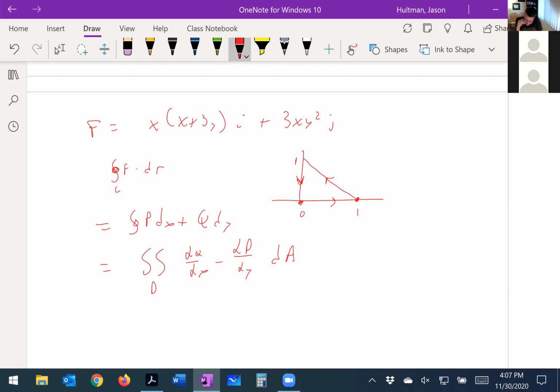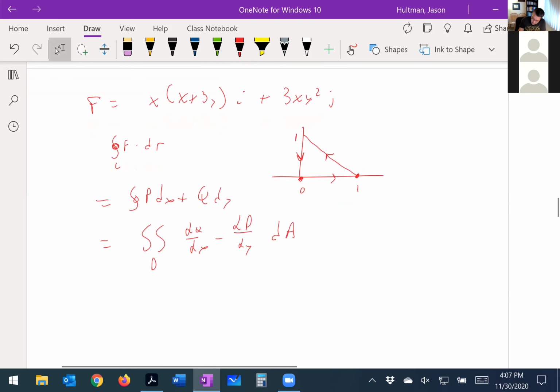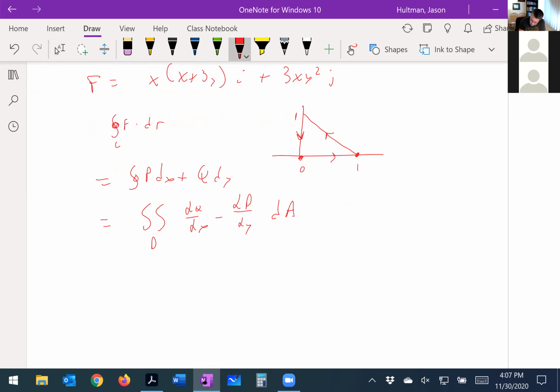We'll call this P and this Q. So dQ/dx is just going to be 3y squared.